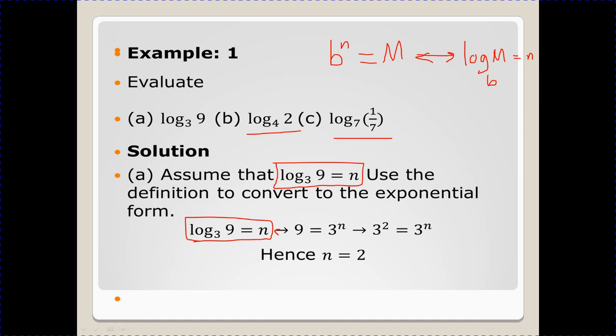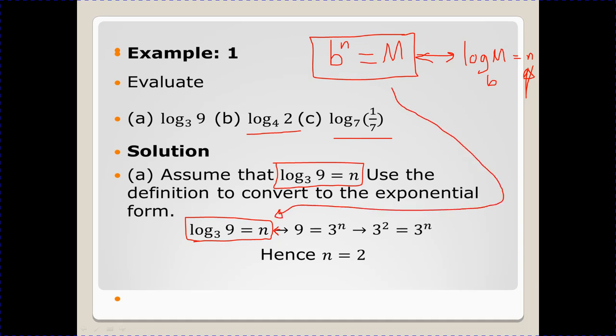The equivalent exponential form is 3 to the power n equals 9. If logarithm m at the base of p equals n, then p to the power n equals m. So I'll go back here.